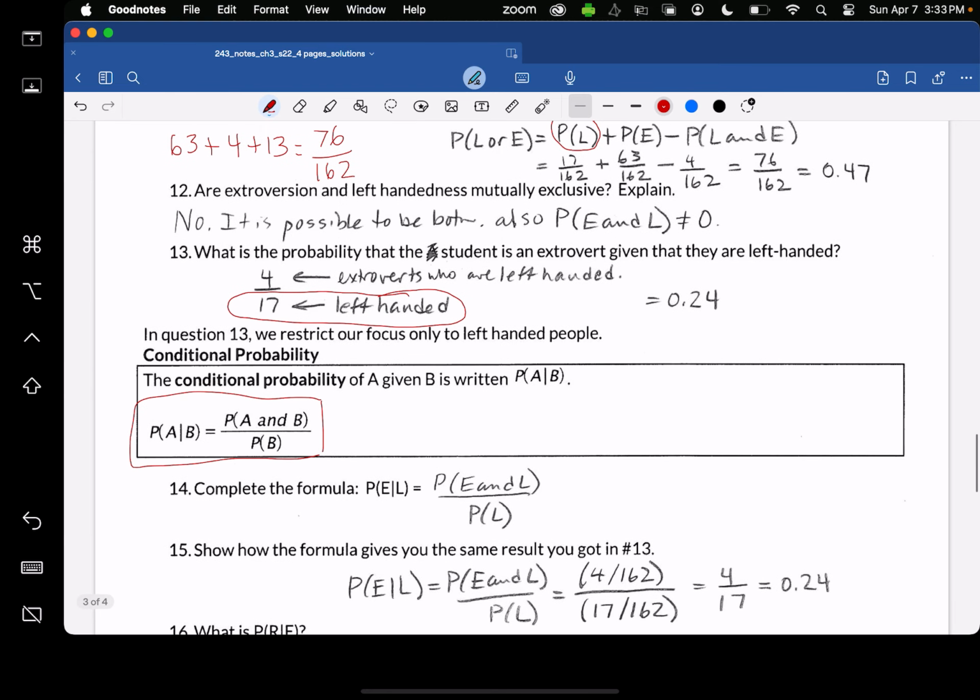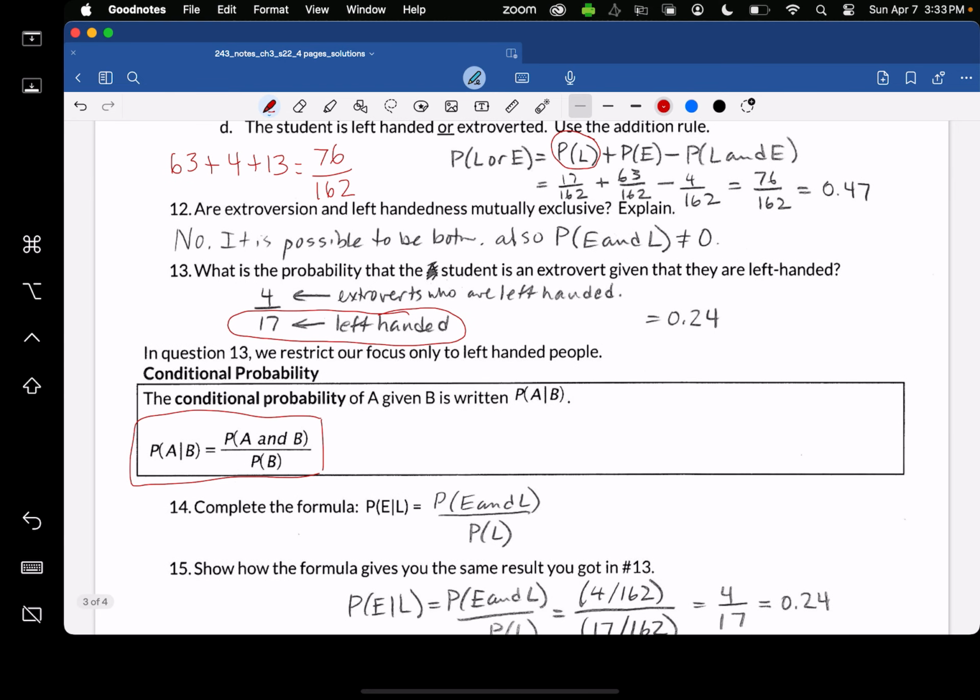The probability of extrovert given left-handed is the probability of being extroverted and left-handed over the probability of being left-handed.